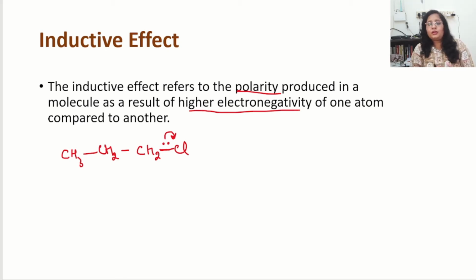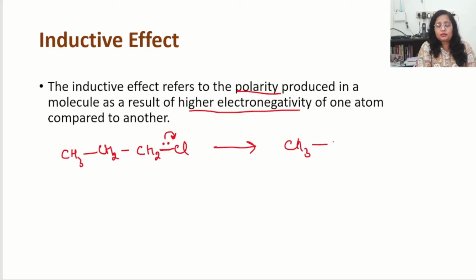So what it will do? It will attract the shared pair of electrons, and it becomes like that. The bond will not break. The electron pair will shift slightly towards the chlorine. Because of this nature of chlorine to attract the electrons, chlorine will acquire a slight negative charge, that is called delta minus.